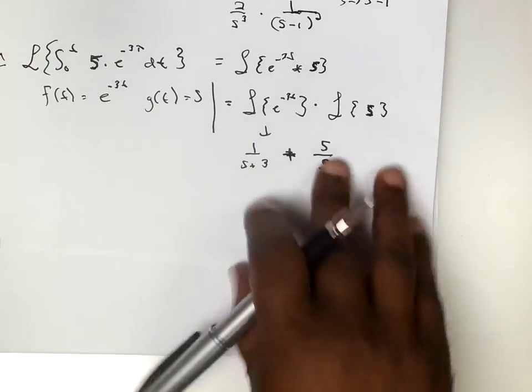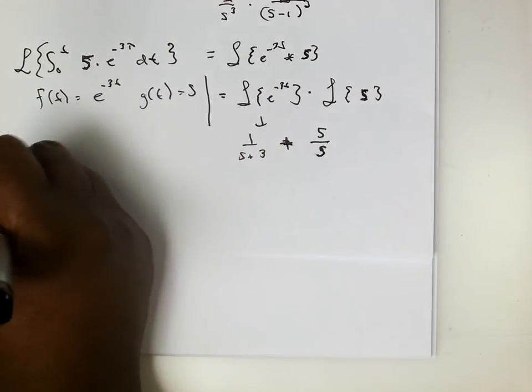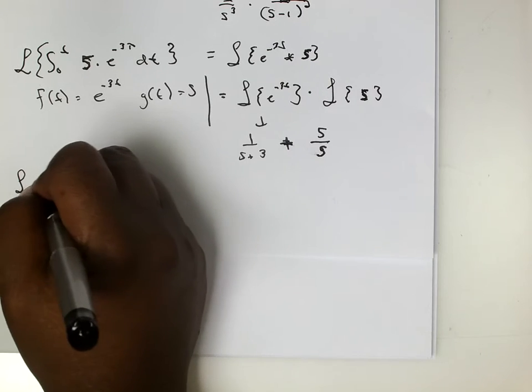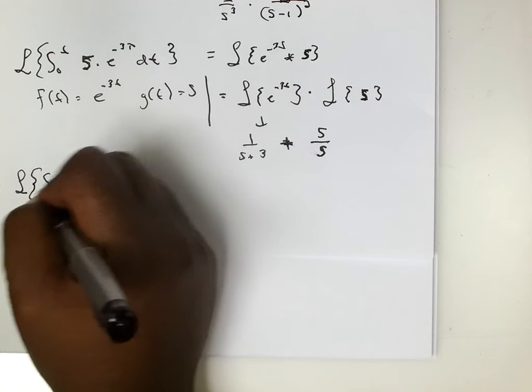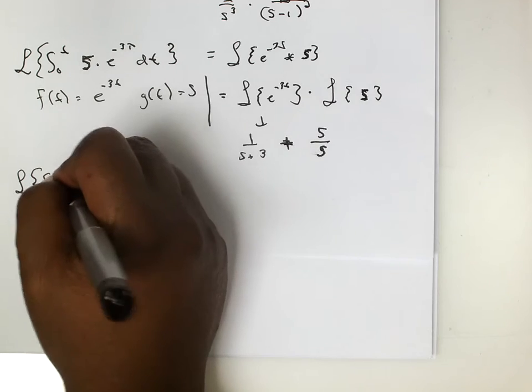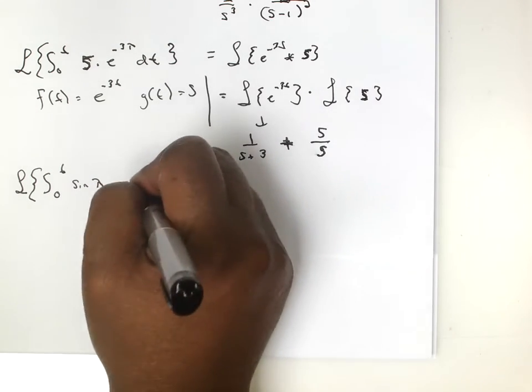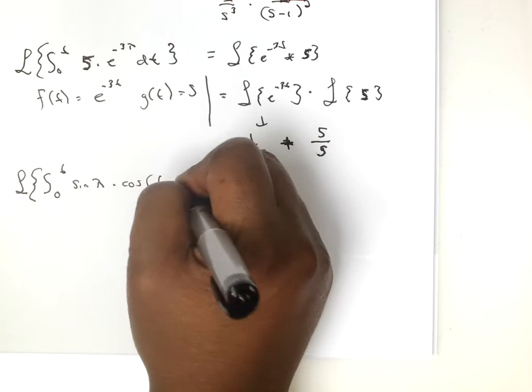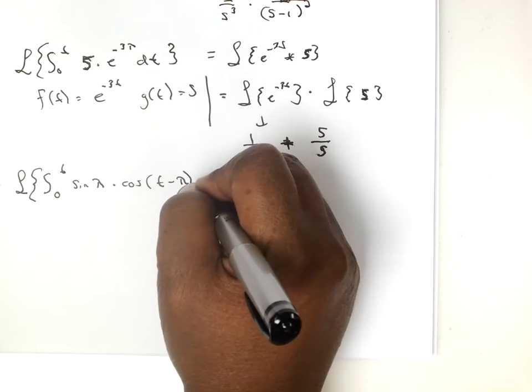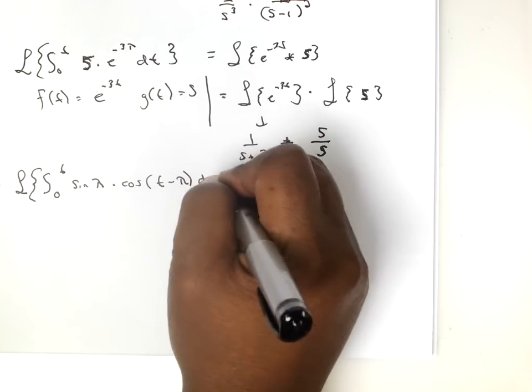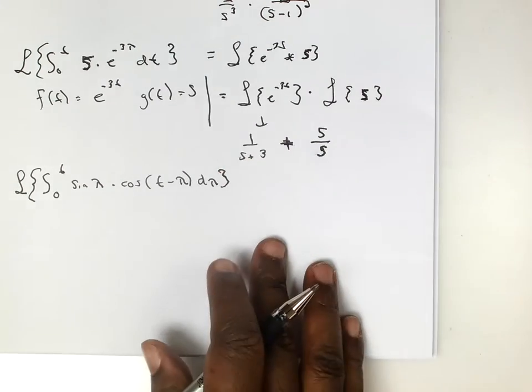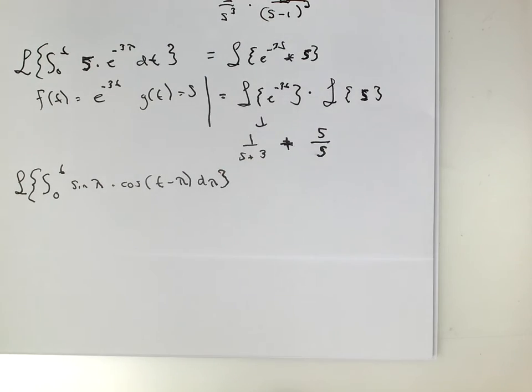And then one more. So again, I have the integral from 0 to t of sine of tau cosine of t minus tau d tau.